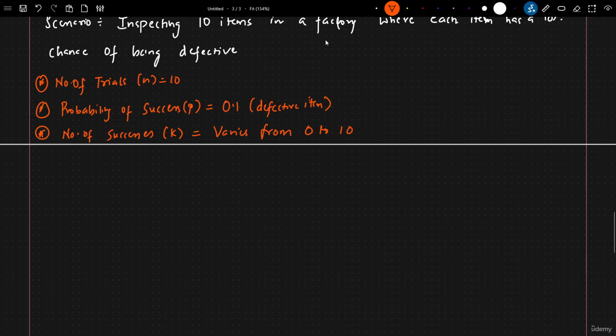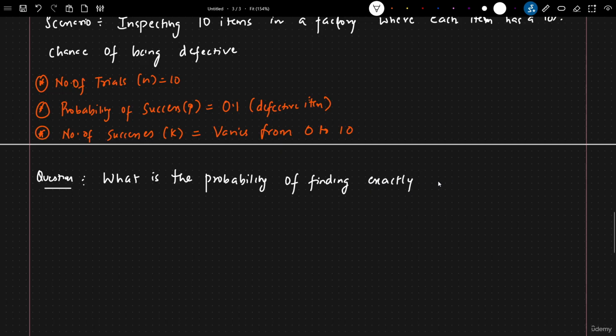Now my question will be: what is the probability of finding exactly 2 defective items in a sample of 10?